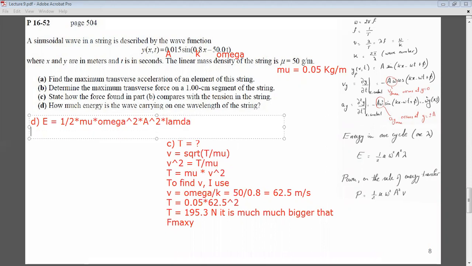So it is equal to half, mu is 0.05, times omega, which is 50, squared, times A, which is 0.015 again, squared, times lambda, which is 2 pi divided by k, which is 0.8.